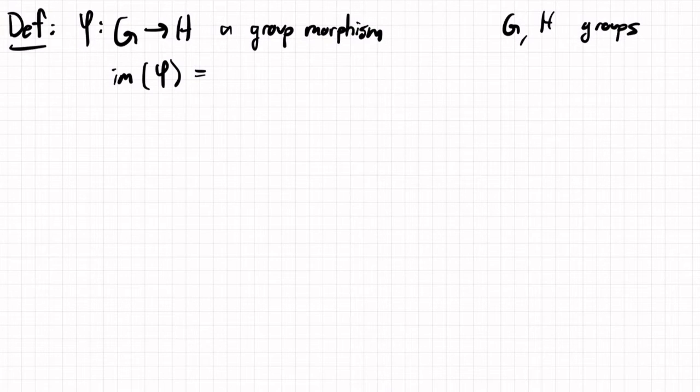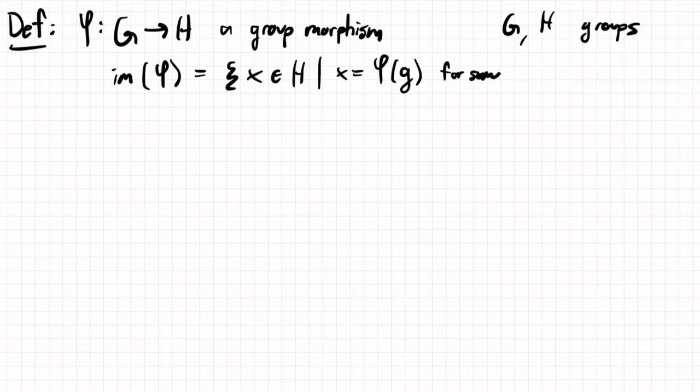The image of phi is the set of X in H such that X is equal to phi of g for some g in G. Right?